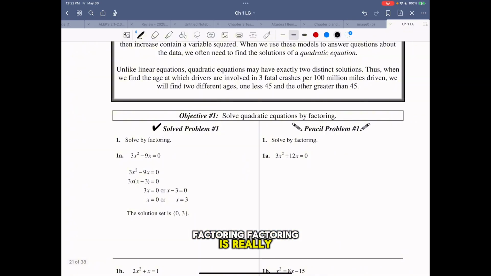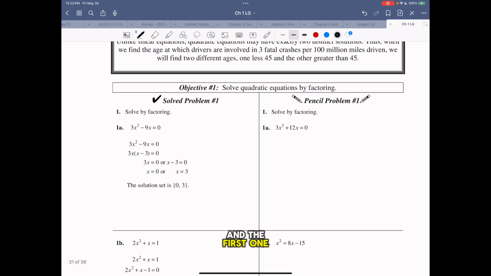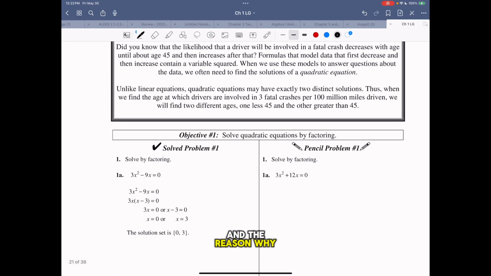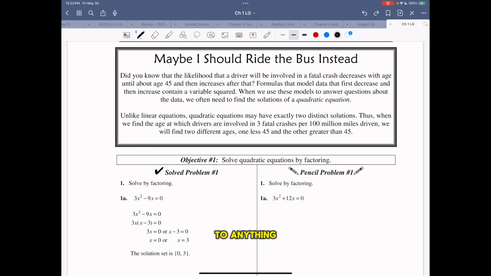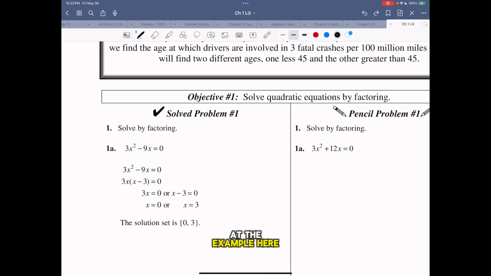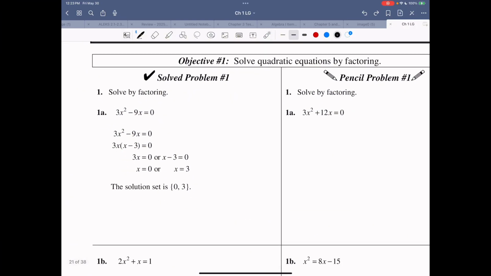Factoring. Factoring is really important. So the first one is pretty simple. And the reason why you want to factor is to find the solutions to anything that is quadratic. So you can look at the example here. That one's pretty simple, so I'm going to go right past it.